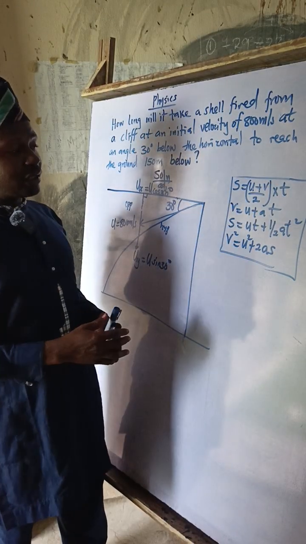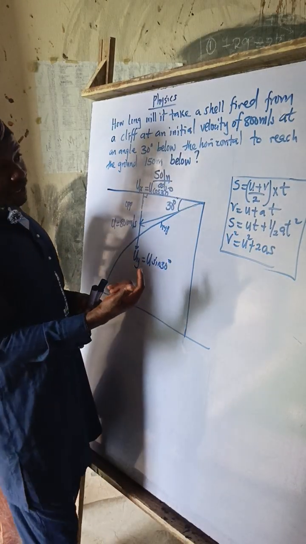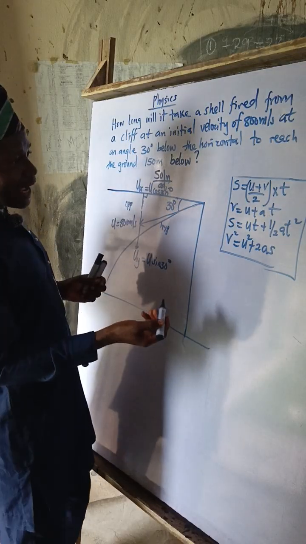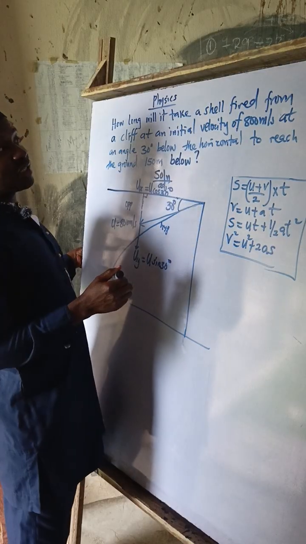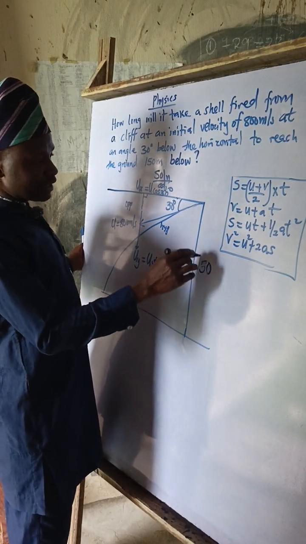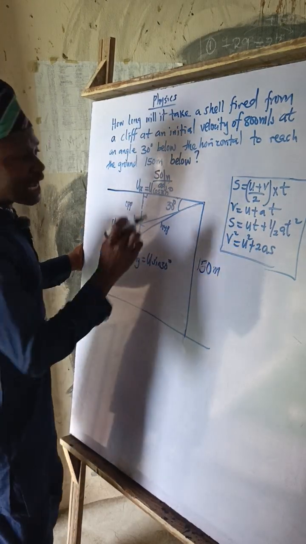These are the formulas that we use on horizontal motion. We are going to pick the third formula because according to the information we are given, we want to determine the time. So we can use any equation that has t, but depending on the information we are given from the question, then we are given the height, so that is between the cliff and the horizontal, to be 150 meters. Then let's read the third equation.